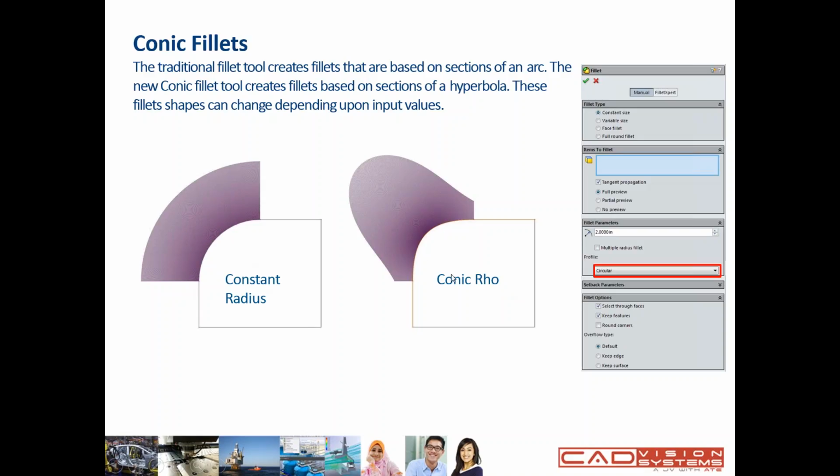But conic fillet creates a section with hyperbola geometry. This shape is all controlled by the rho value. So I'm going to show you how basically the rho fillet works.